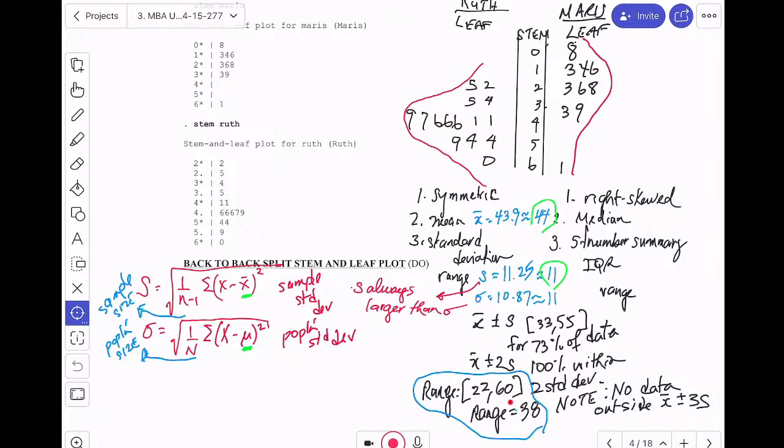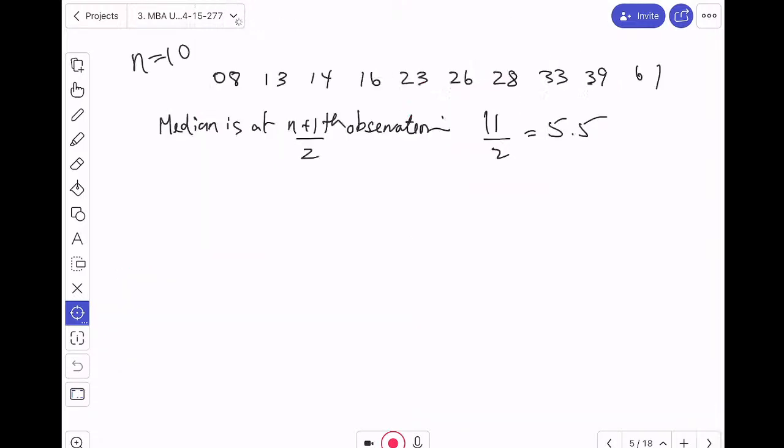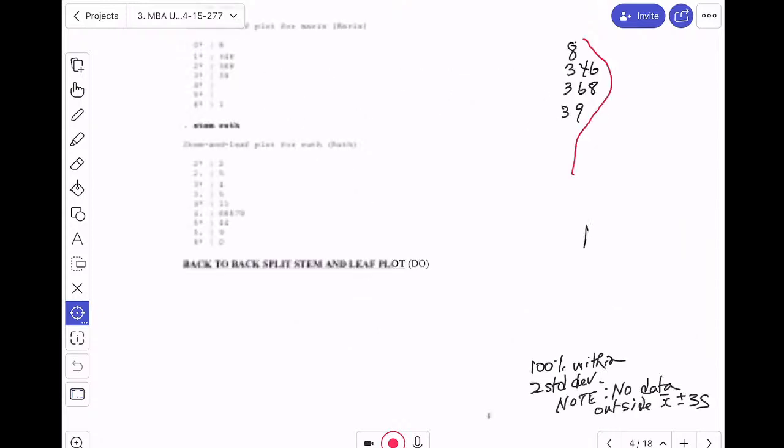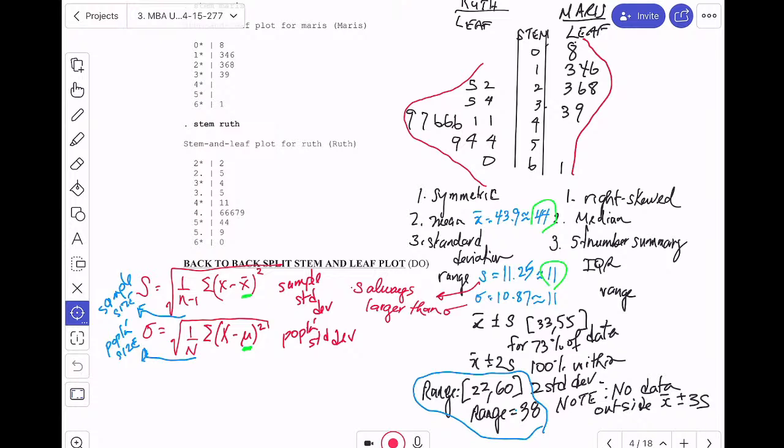That's what range means, Nicole. The other page was 2 standard deviations from the mean. They just look like similar numbers, but they're different concepts. So the full range is captured in 2 standard deviations from the mean.